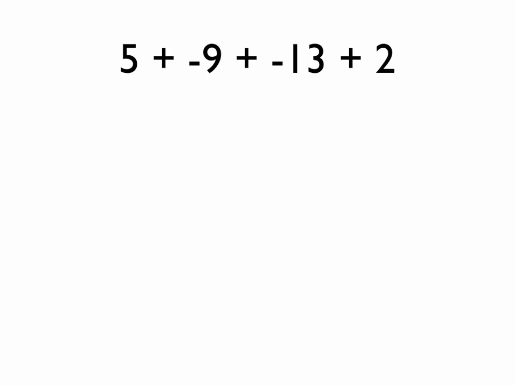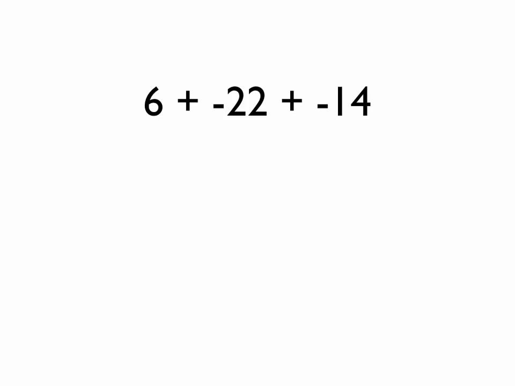So for this one, I would add up the 5 and the 2 and get 7. Then I would add up the -9 and the -13 to get my -22. And now I would go ahead and add up the 7 and the -22 to get my -15. Now you can do it however you like, up to you.